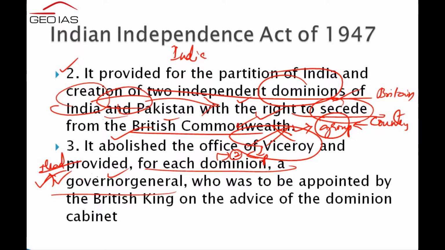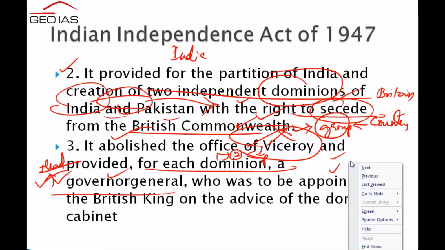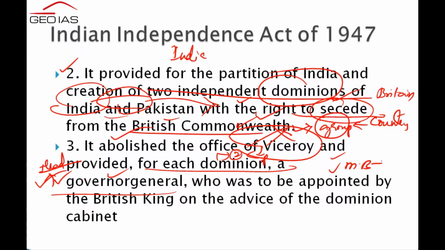Muhammad Ali Jinnah became the Governor General of Pakistan, and Mountbatten, the last Viceroy, became the first Governor General of India. They were to be appointed by the British King on the advice of the Dominion Cabinet. So each Dominion Cabinet gives its own decision, and on the basis of that decision the Governor Generals of the two dominions are appointed.